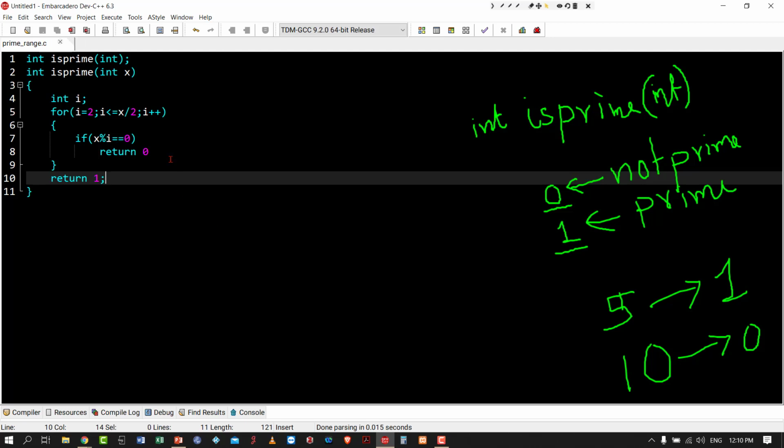This is a very simple function, and I think this is easier than the earlier one. Earlier you had to understand the flag concept and all. Here there is no flag concept. So I will explain with the help of a small example. Suppose I am giving 9. What are the possible i values?